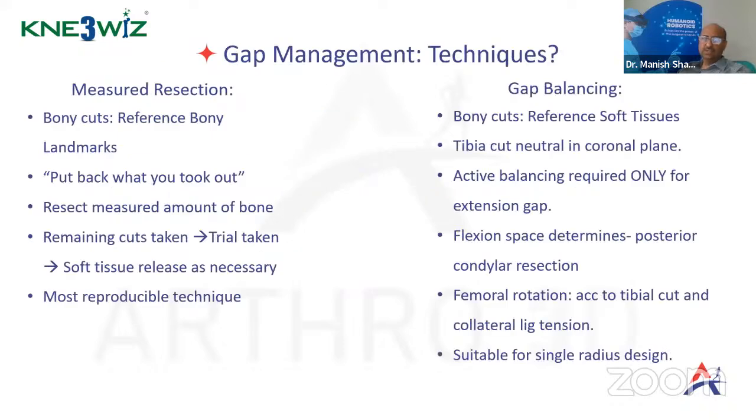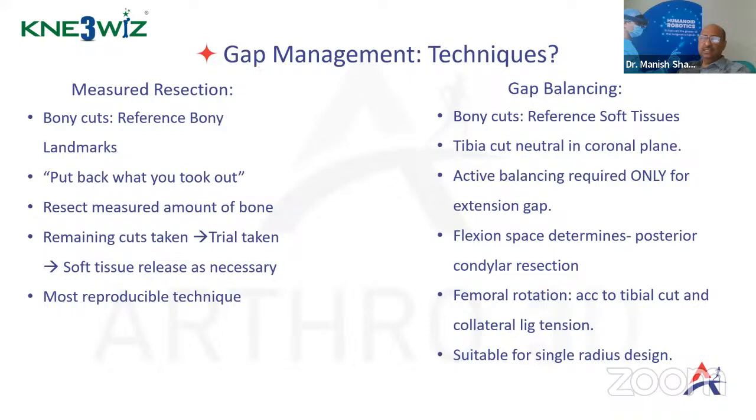In measured resection, we reference the bony landmarks. We aim to take out only what we aim to put in. Resect measured amount of bone. Remaining soft tissue releases are done, and probably is the most reproducible technique with conventional instruments.